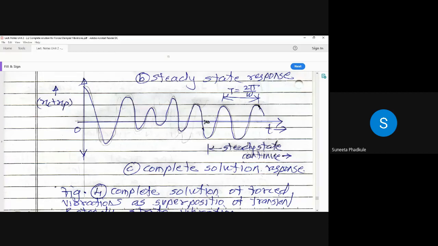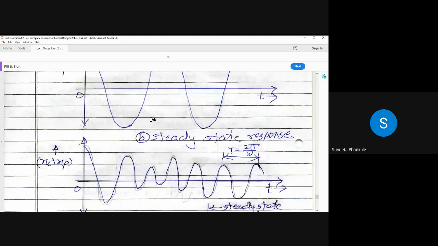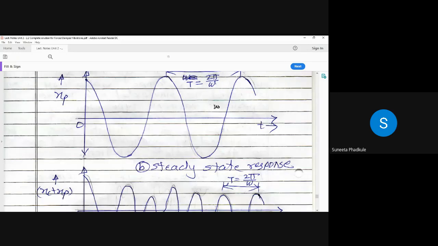But from here, where the transient vibration becomes zero and vanishes, only steady state vibration remains in the system completely. And your system will vibrate continuously with these vibrations, as long as the external force is acting on the system. Understood why this is known as the steady state response, steady state vibration?